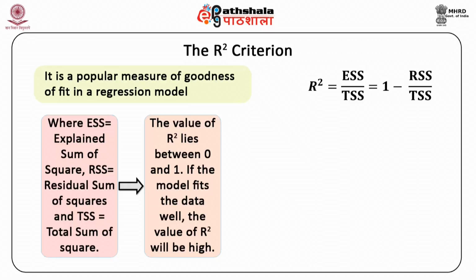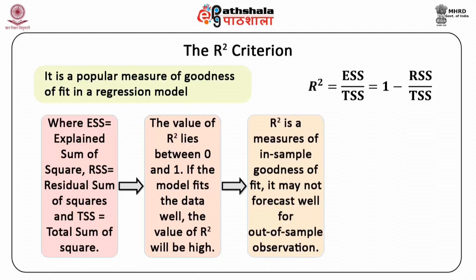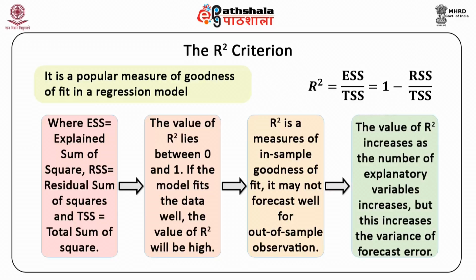So if the model fits the data well, the value of R square will be high. However, since R square is a measure of in-sample goodness of fit, it may not forecast well for out-of-sample observations. The value of R square increases as the number of explanatory variables increases, but this increases the variance of forecast error. Only when competing models have the same number of explanatory variables can R square be used to compare them.